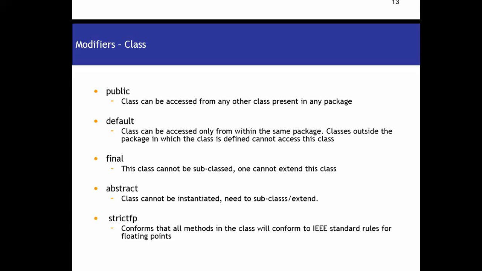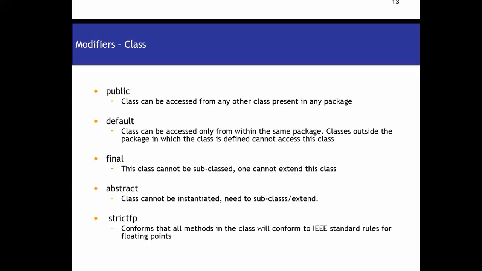Classes outside the package in which the class is defined cannot access this class. When you write methods, you'll be defining the package name over there, so it is accessible only in that package.